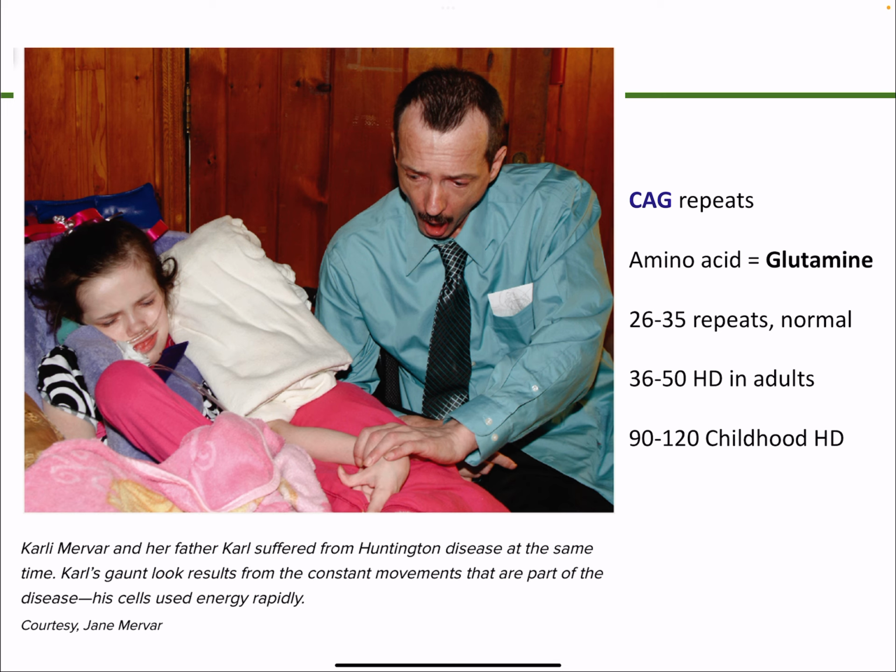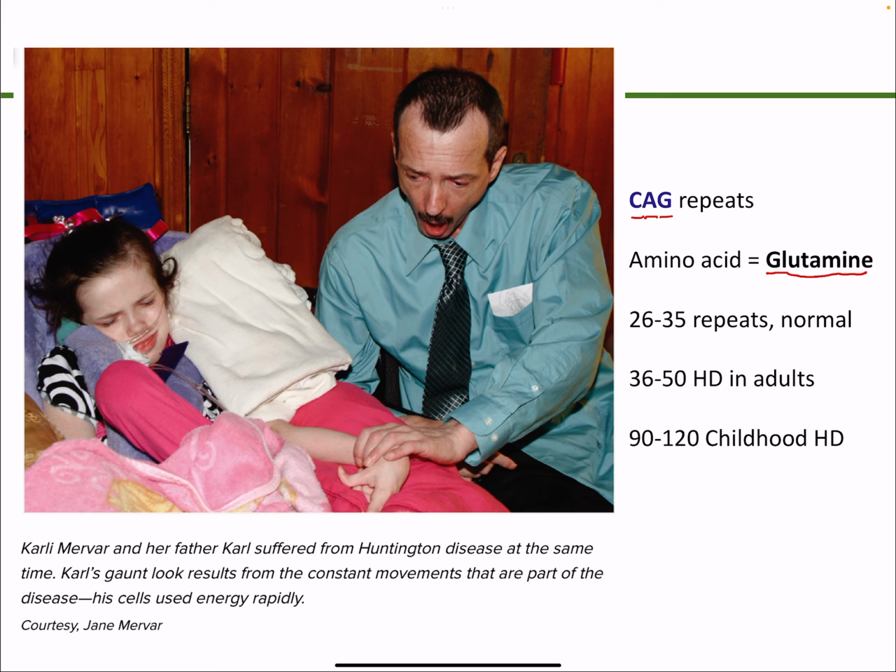Now, the Huntington disease is caused by a repeat of 3 nucleotides. These 3 nucleotides are CAG. CAG encodes the amino acid glutamine.